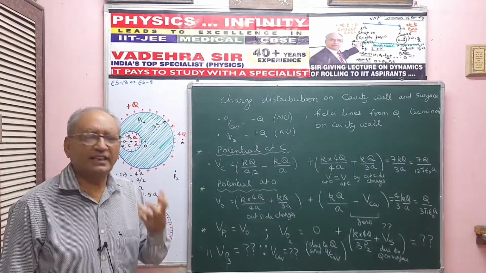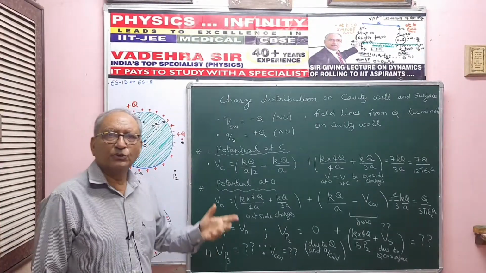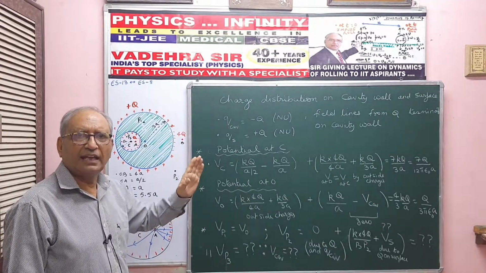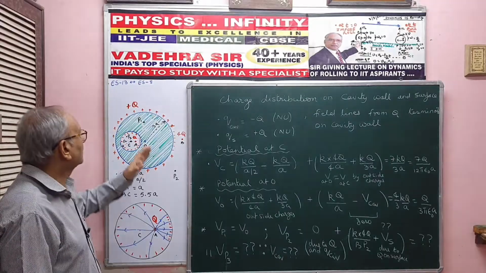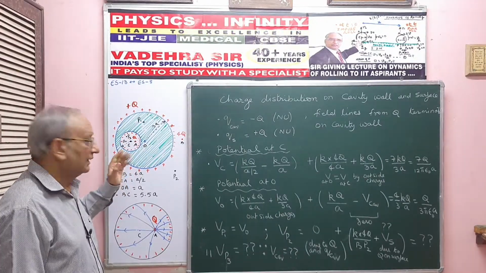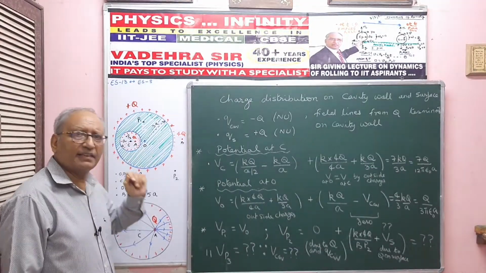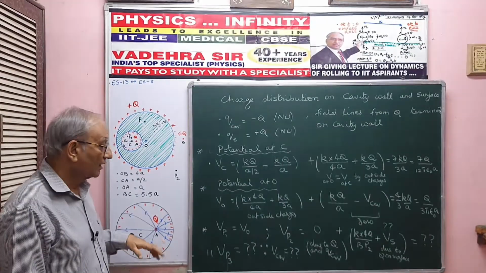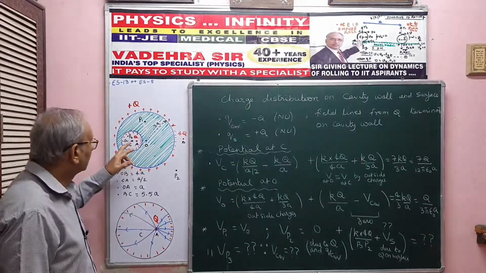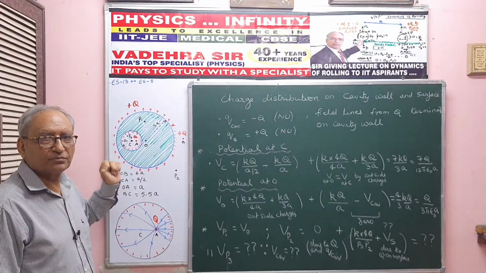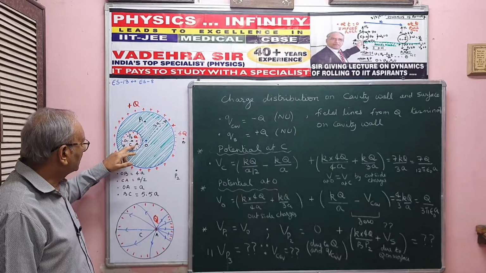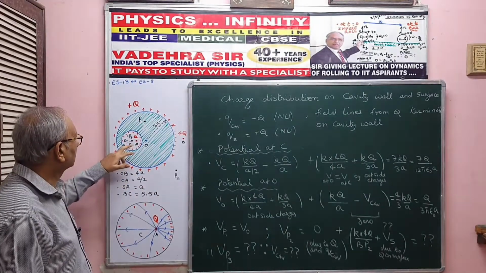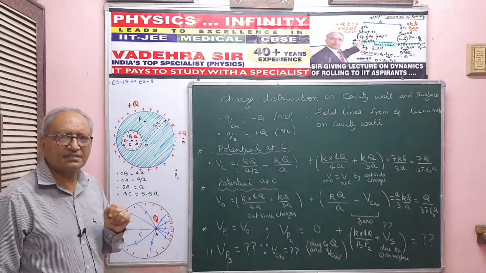Whatever contribution is the potential due to 4Q and the charge on the surface at O, at P1, at C, anywhere in the cavity will remain same, so that can be found, no problem. But once again, the cavity will create a problem. At P3, the potential due to Q, okay, that can be known, KQ upon A P3, the distance.